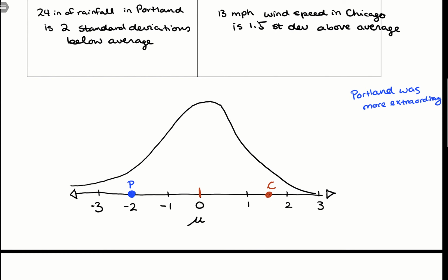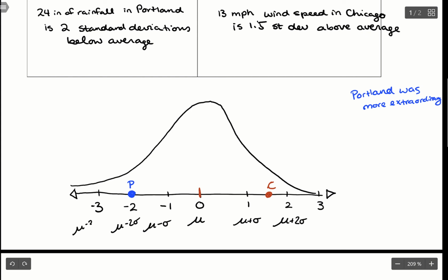So this number line completely matches up with how we talked about the normal model before, being 1 standard deviation above, 2 standard deviations above, 1 standard deviation below, 2 standard deviations below, 3 standard deviations below. It's just this special number line that's based on z-scores.